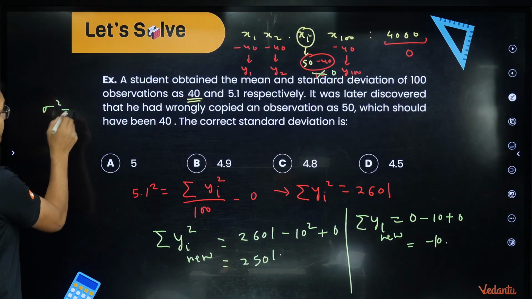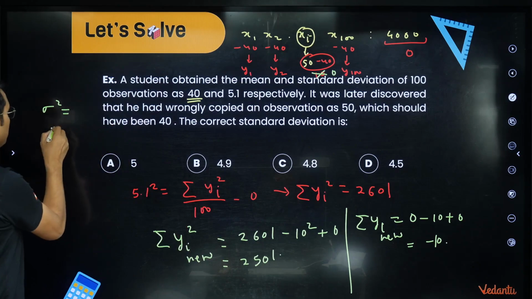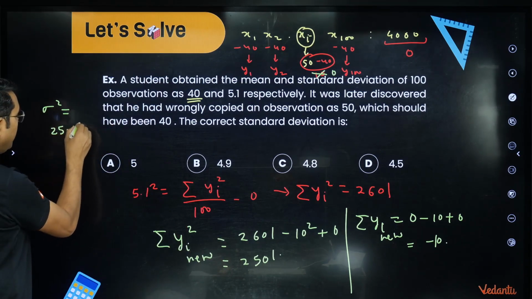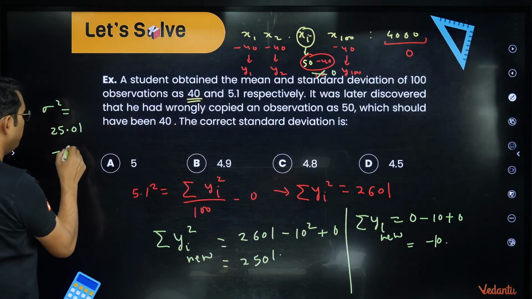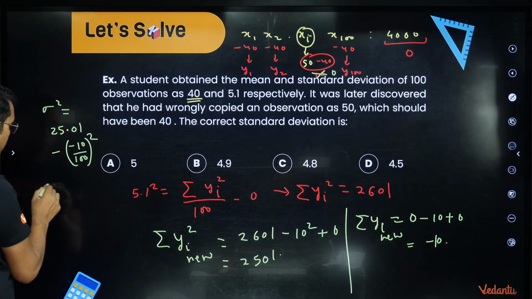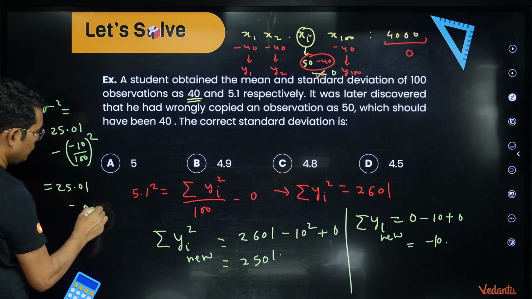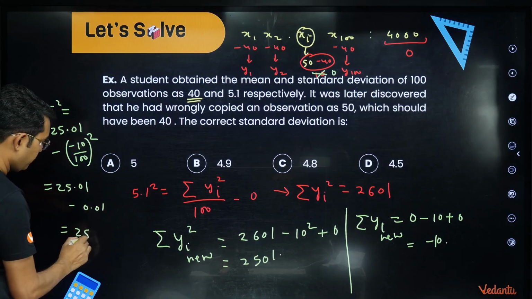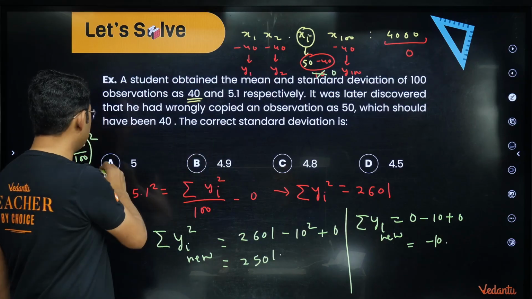So the variance would be the summation of this divided by 100, so 25.01 minus the square of averages, that will come from minus 10 upon 100, whole square. So this becomes 25.01 minus 0.01. So this gives you 25. This is the variance, not the standard deviation. So the standard deviation would be 5.